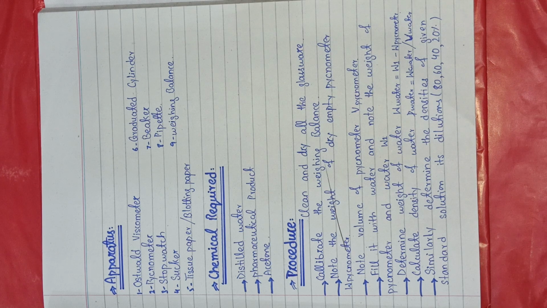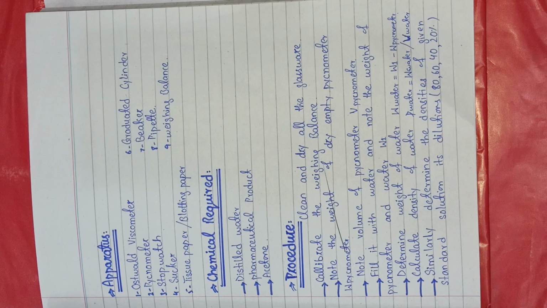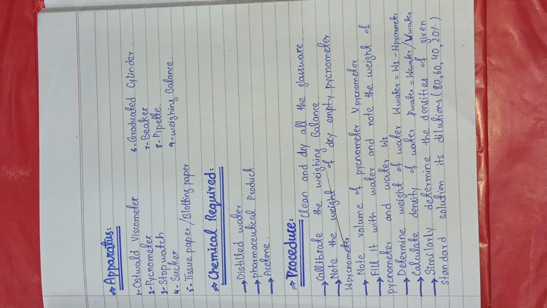So how do you prepare these percent solutions? For example, if I want to prepare a 20% solution, you will take 20 grams of that compound and dissolve it in 100 grams of water, and then you will prepare the solution. This solution is called the standard solution of that product, the 20% solution of that product. Okay.